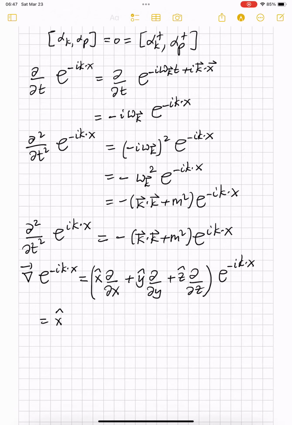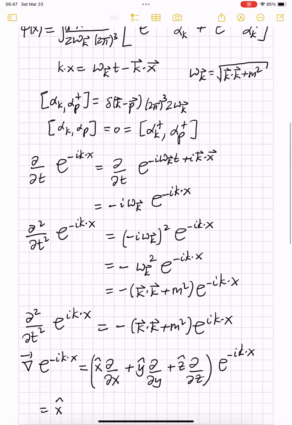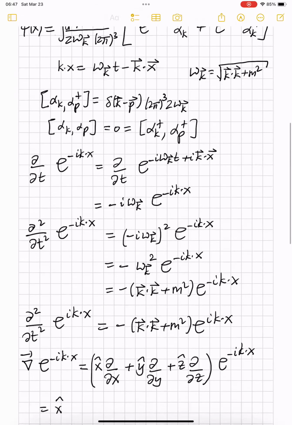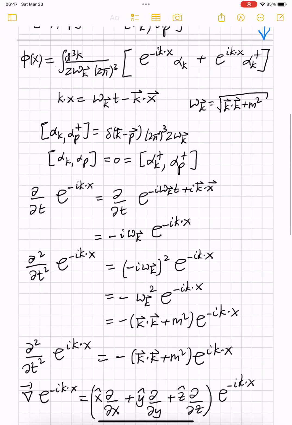And if we differentiate the k dot x, well, remember that, so let's even be a little bit more explicit with this formula over here. So k dot x is ω_k t minus k_x times x minus k_y times y minus k_z times z.